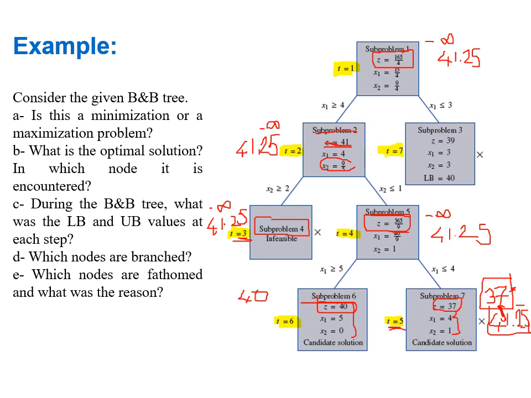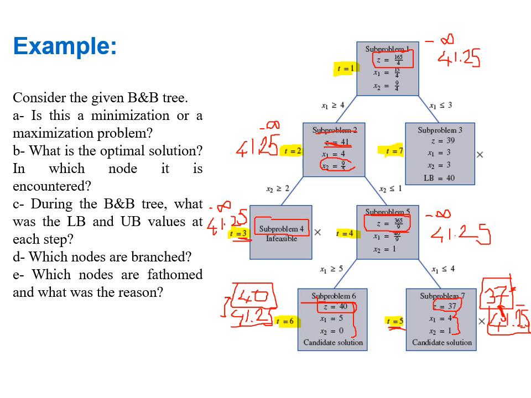If we stop here, the best we have is 40, and it deviates from the best possible by 1.25 only. But maybe there's a better solution, or maybe this 40 is the optimal. We don't know. We need to continue until the end if we want to find the optimum solution. Otherwise, if we are okay with this error, then we can stop at this point.